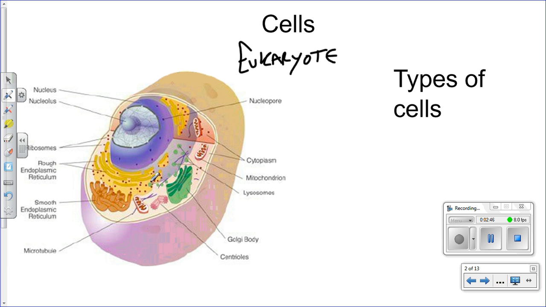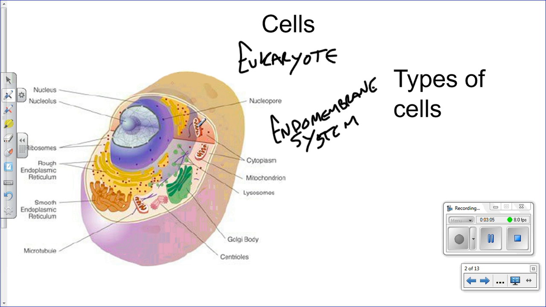So let's dive in. Let's talk about the endomembrane system as well. So the endomembrane system, a big, huge connection here. The endomembrane system is composed of the nucleus all the way out to the cell membrane.